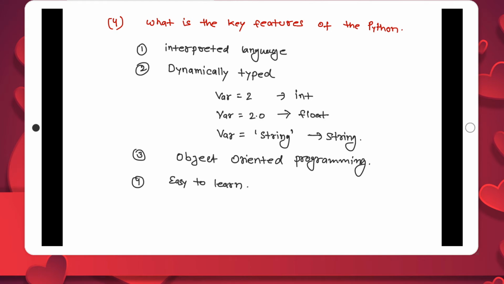All right, now let's go ahead and discuss what type of language Python actually is. All right, so Python is actually a scripting language, but in a general sense we use it for general purpose programming.